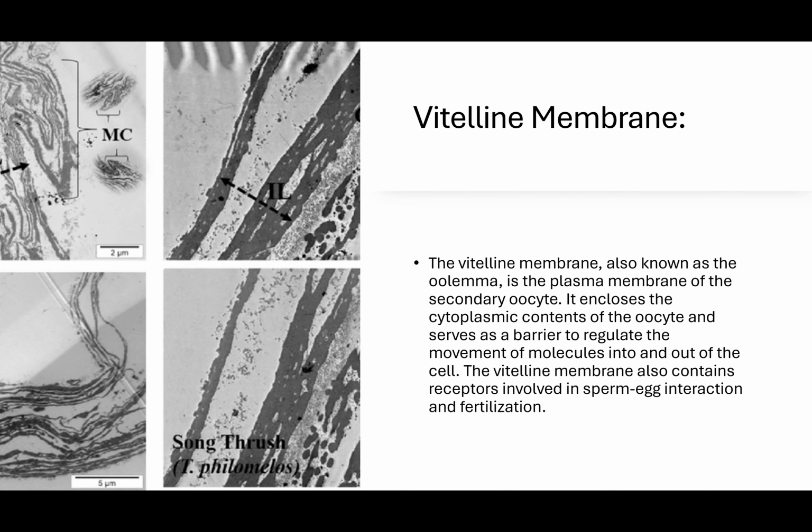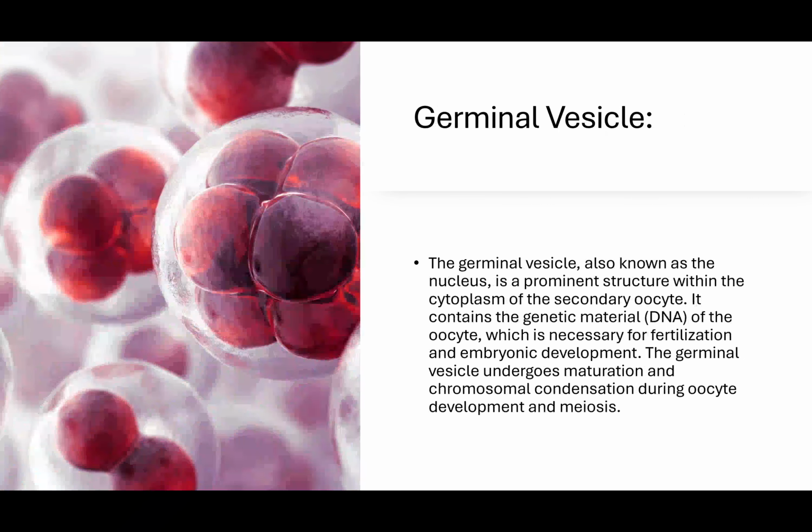Okay, thank you. Germinal vesicles now. Obviously, these are not germinal vesicles, it's just a pretty picture. The germinal vesicle, also known as the nucleus, is a prominent structure within the cytoplasm of the secondary oocyte.